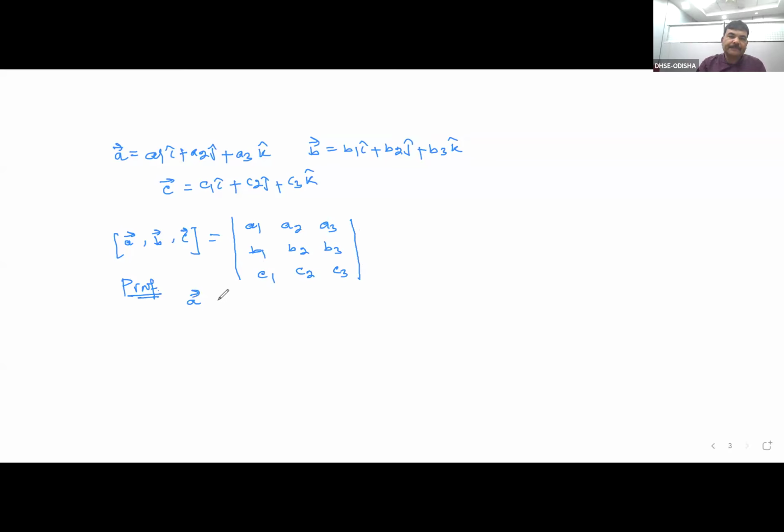Box product ABC equals A dot B cross C. The vector B cross C is equal to the determinant I, J, K, B1, B2, B3, C1, C2, C3.